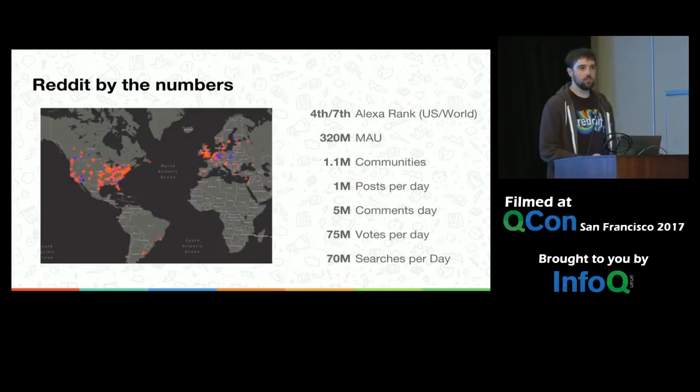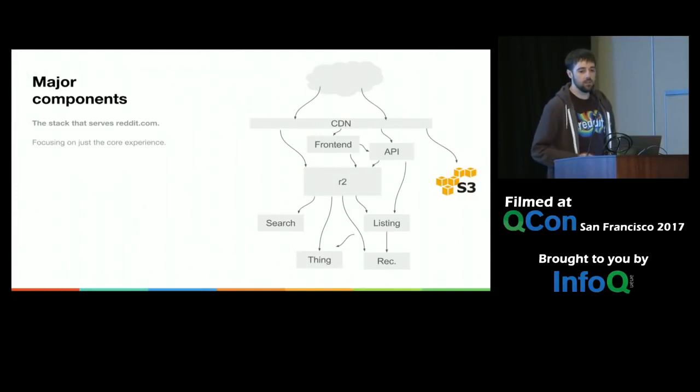So let's dig into what the site looks like. This is a very high-level overview of the architecture of Reddit, and it's focused only on the parts of the site that are involved with the main core experience of the site. So I'm leaving out some really interesting stuff like all of our data analysis and the ad stack, all that kind of stuff.